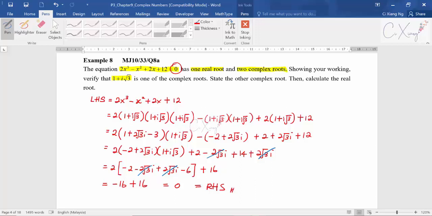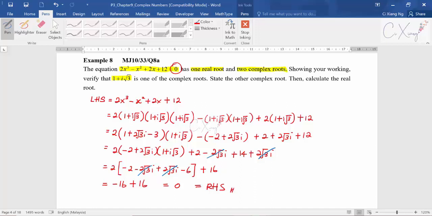All right. So this is the first part. Maybe some of you, for me, I'm doing a very direct step. That means I substitute the root into the equation straight away. Some of you may have some other method which is slightly shorter, you can also apply it, as long as you can prove that the left hand side equals the right hand side, or that the given root is one of the roots of the equation.